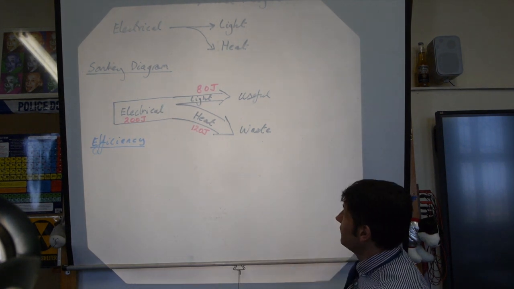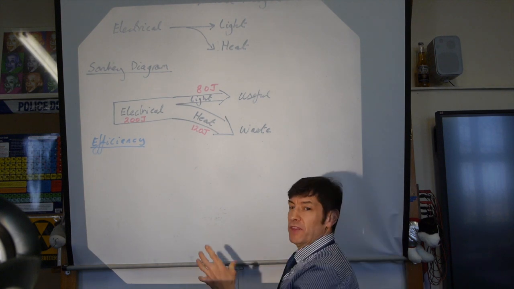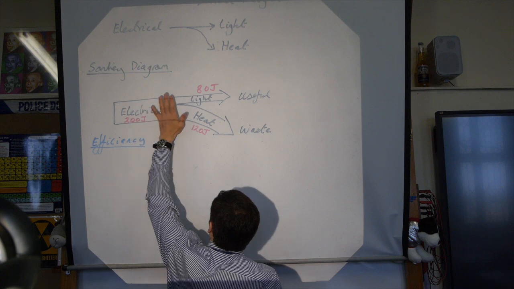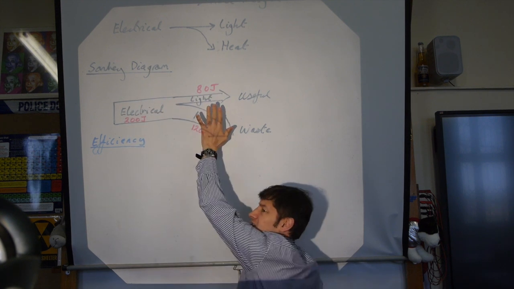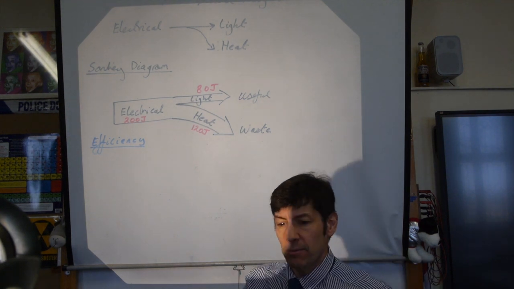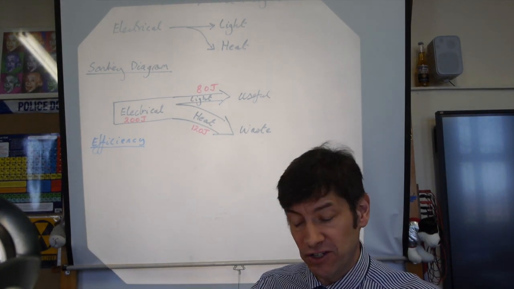Now, if you look at this one, what I'd like you to think about is if we put in one amount of energy, how much do we get out on this side? If we were to put in 1 joule. That's sort of how efficiency does things. But I'll show you how we calculate efficiency.